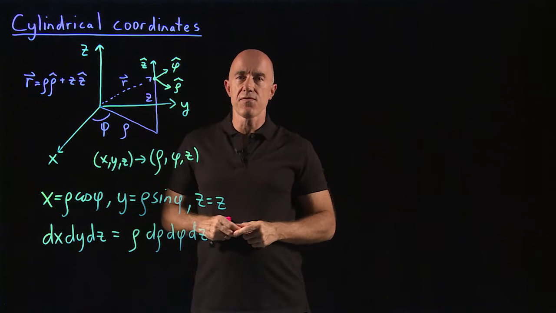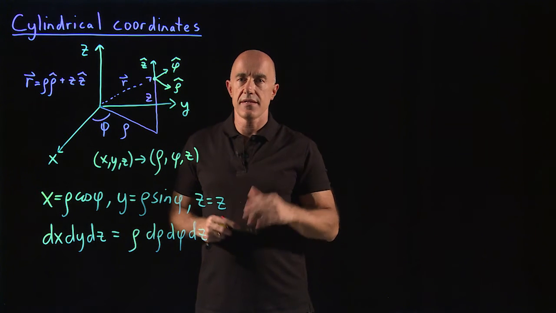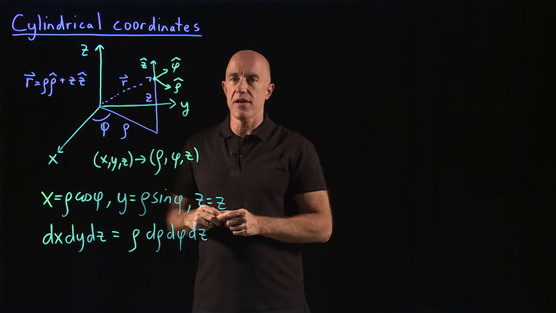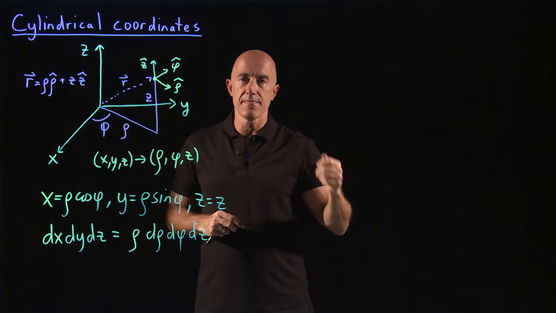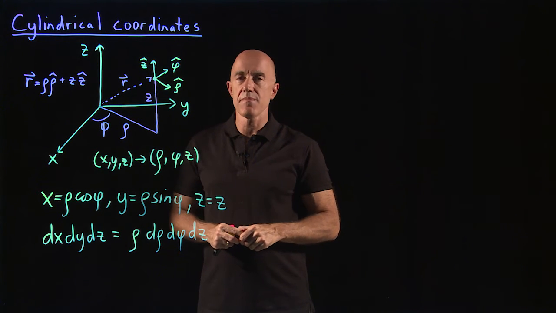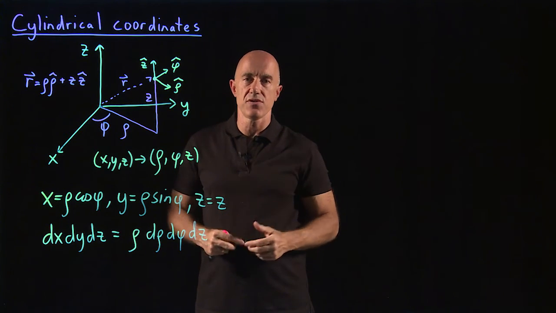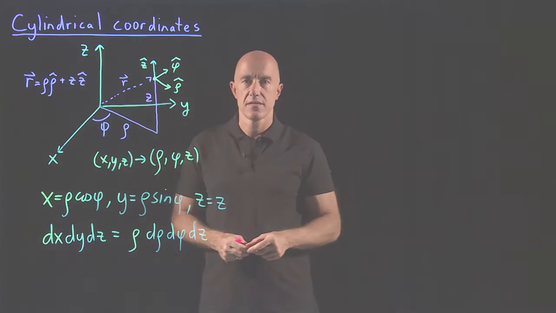We need the differential operators in cylindrical coordinates. It's a lot of work. It requires doing a chain rule multiple times. So let me just write down the formulas and explain to you what they are.